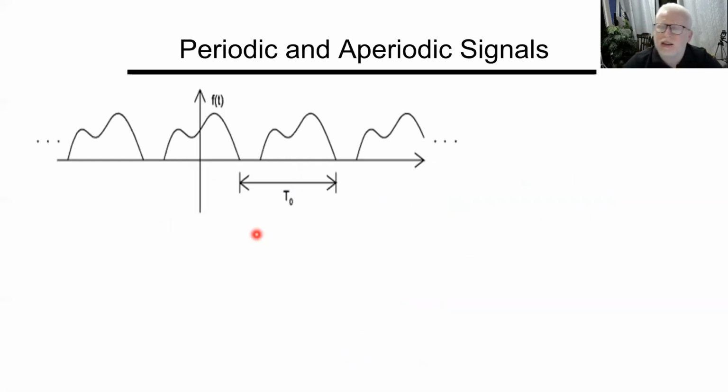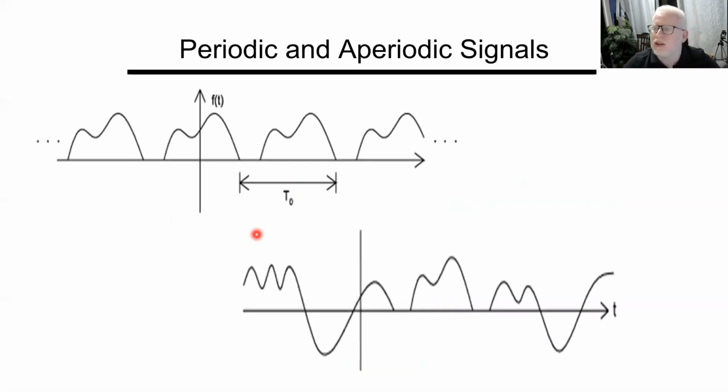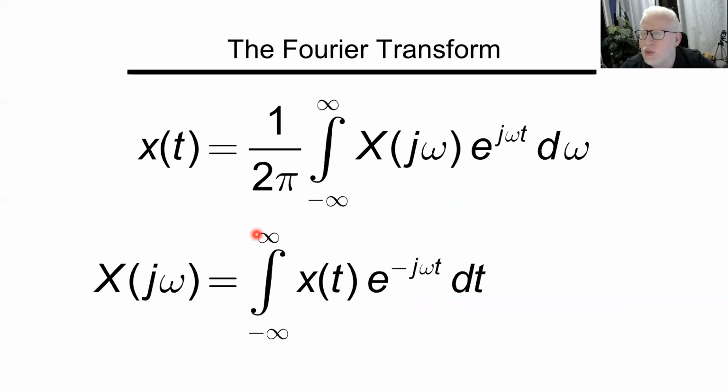After that, we asked the question, what about the aperiodic signal? We reached what's called the Fourier transform, which we can use in order to transfer any time domain aperiodic signal into the frequency domain. And we also have the inverse Fourier transform, where we can transfer a frequency domain signal back to the time domain signal.